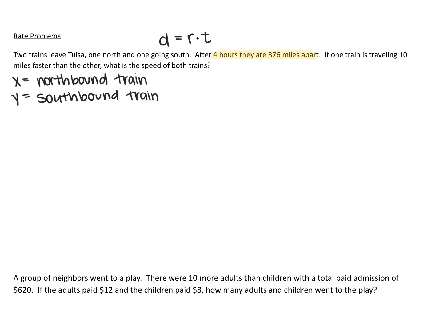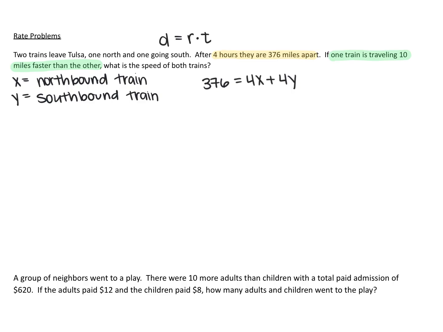So we know our distance, 376, and we know the rate at which both trains are, we know the time it takes both trains to go is 4 hours. So we'll get 4x plus 4y. Our second equation is going to come from the fact that one train is traveling 10 miles per hour faster than the other.